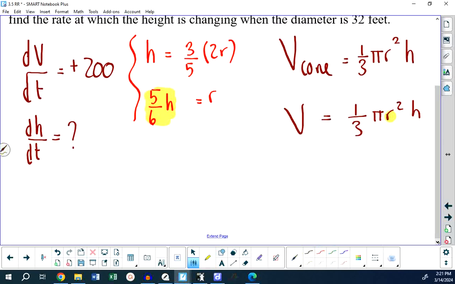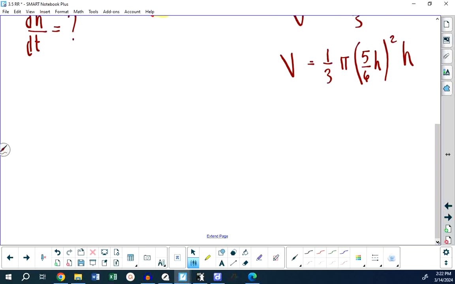So what does that give me? It gives me V equals 1/3 pi times that radius, which is 5/6 times the height, squared, times the height. And all that's left is to simplify that, differentiate it, and answer the question. What do I get here? Volume is equal to 1/3 times 5 squared, 25 over 36.